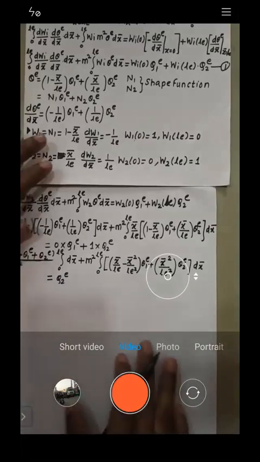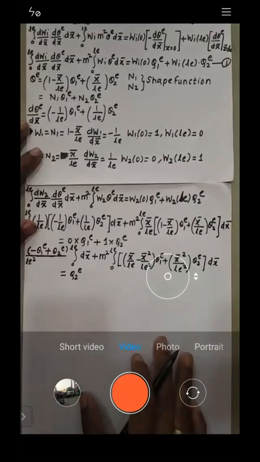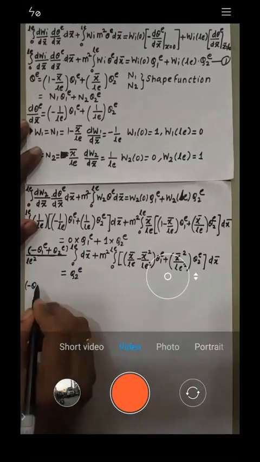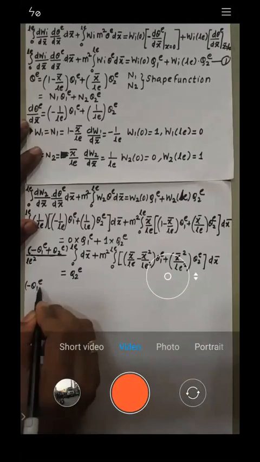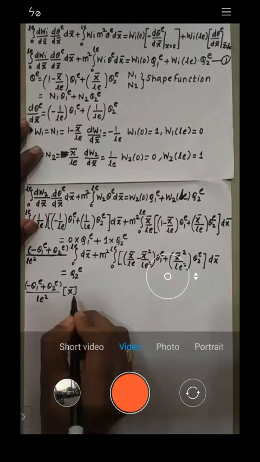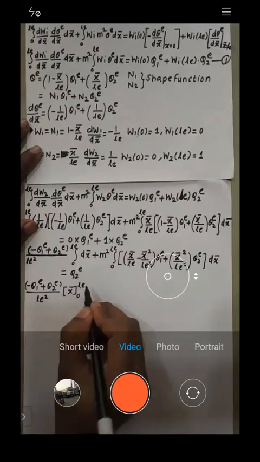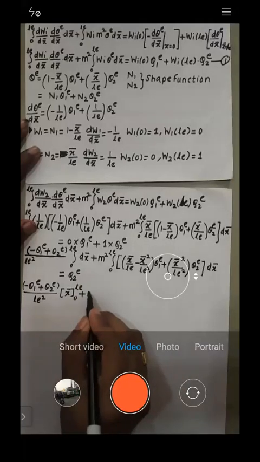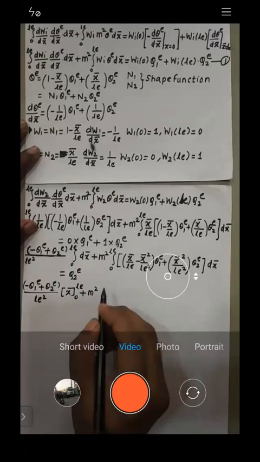So let's see what happens. See, what is the integration of dx bar? It's x bar, right? So I'll write minus theta 1E plus theta 2E upon LE square, and its integration is x bar for limit 0 to LE, right? Plus m square. Now we need to integrate this term, right?